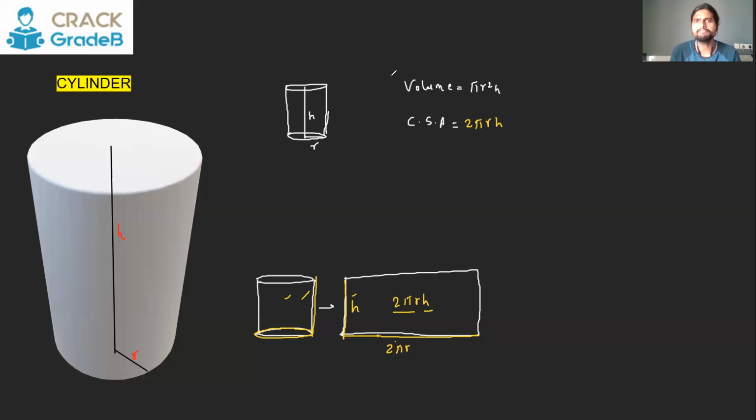And then comes the total surface area. The total surface area will be the curved surface area, which is 2 pi r h, plus the remaining areas we call the plane surface area. Now the top of this cylinder and bottom of this cylinder are the plane areas. They don't have any curve in them. Of course, that curve is there, but you don't have to consider that. You just have to consider it is a 2D figure.